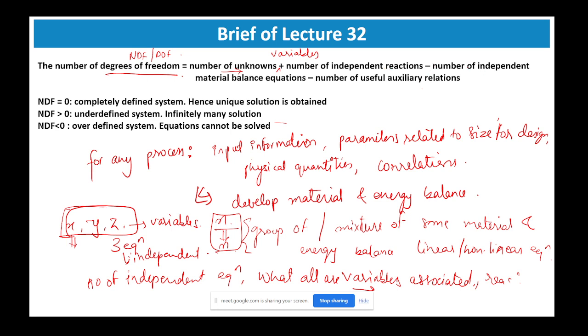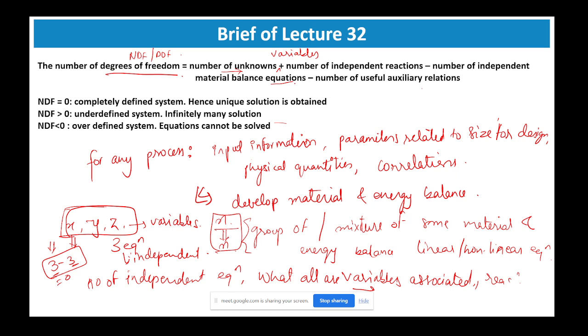Now minus, because in simple maths, if my number of equations and number of variables are the same, which is 3 minus 3, for example, equals 0, then 3 is the equations, 3 is the unknowns. So you subtract the number of equations from the variables, because that many correlations you have.